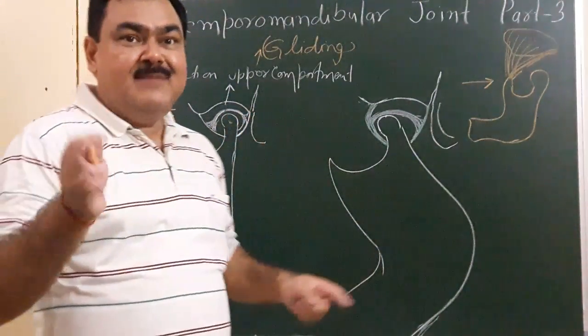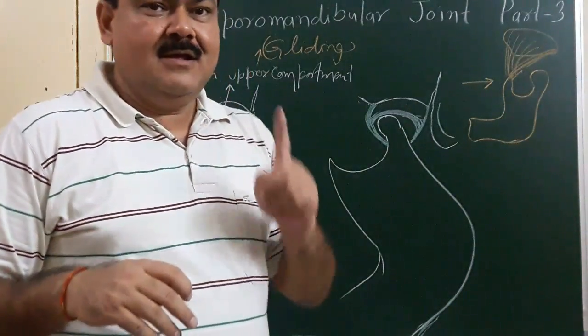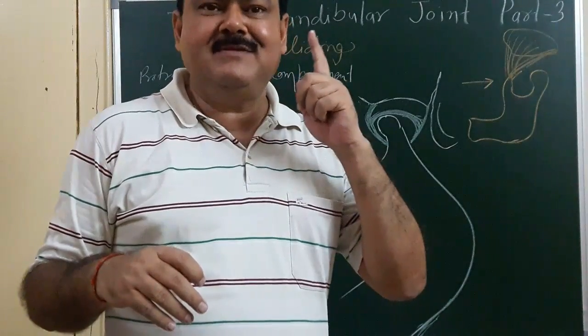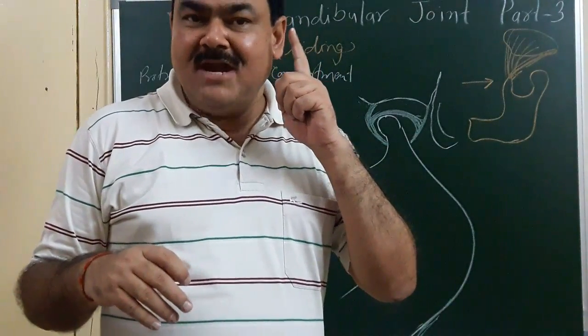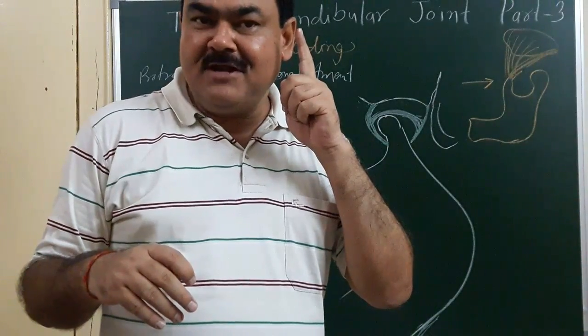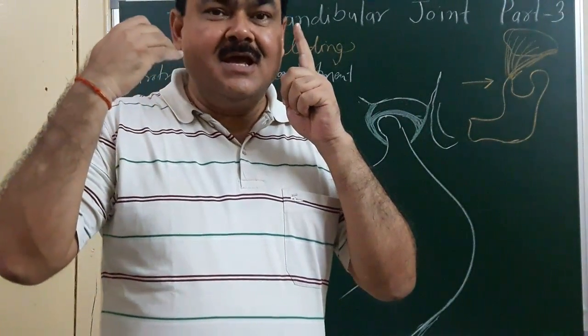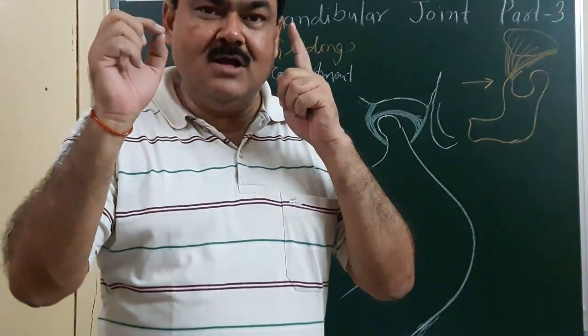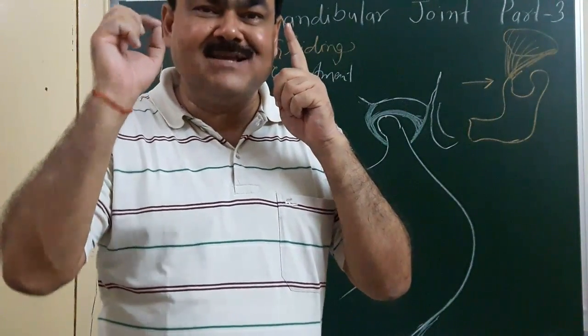In case of side to side movement, on one side, suppose this is the left side, the head of the mandible is fixed and rotates around the vertical axis, and on the right side, the head of the mandible moves forward, like in protraction.